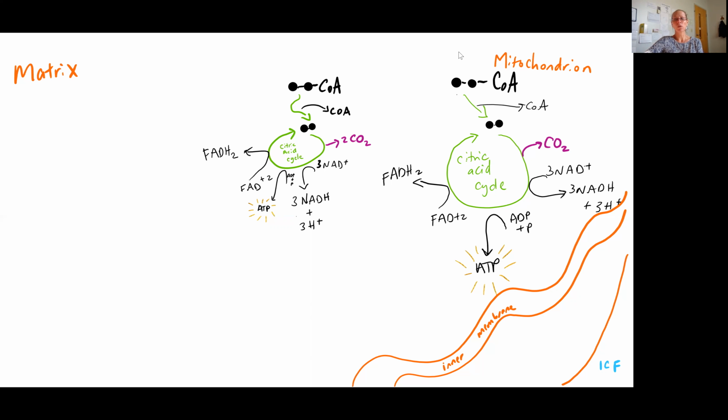Essentially, what we need to know is when we bring that 2-carbon acetate into the citric acid cycle, we're going to make more carbon dioxide gas waste. So this is another example of how we're getting that CO2 waste product produced by cells.